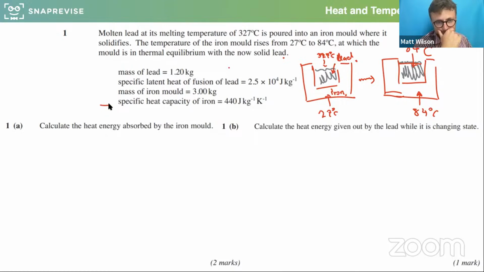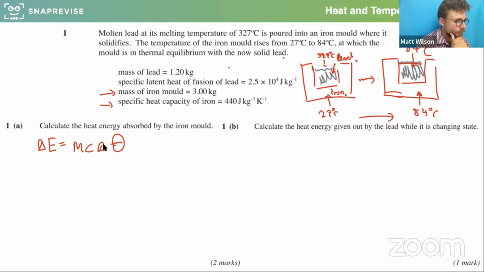We've been told the specific heat capacity, its mass, and the change in temperature. So we know pretty much everything other than the energy in the equation. Change of energy equals mc times change in temperature. So that's the one we want to use.